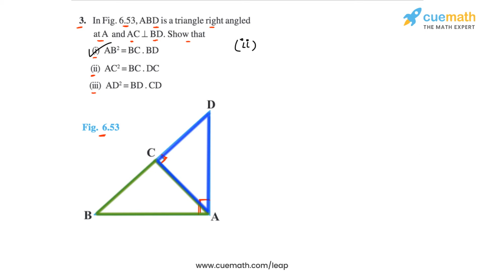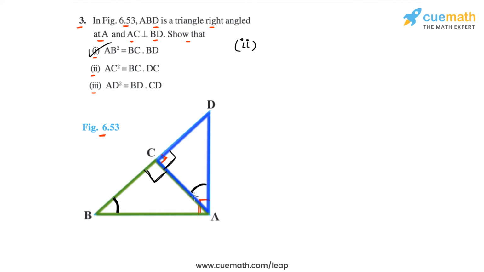So why should these two triangles be similar? Well, once again we can apply the AA similarity. This angle here in triangle ABC is equal to angle DAC in the second triangle, and also this angle at B will be equal to this angle at A.